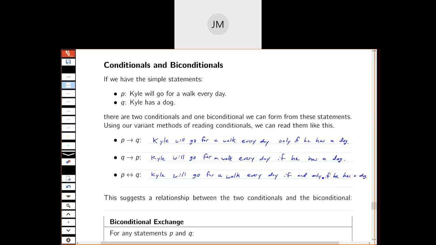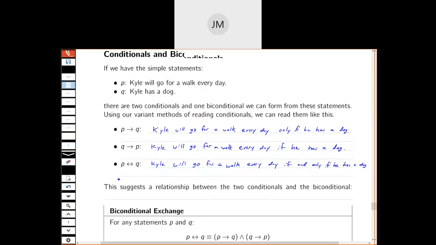What I want to do is look at the connection between our conditionals and the biconditional. The biconditional, the language we use is "if and only if."